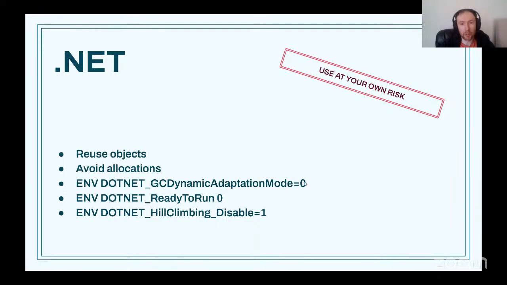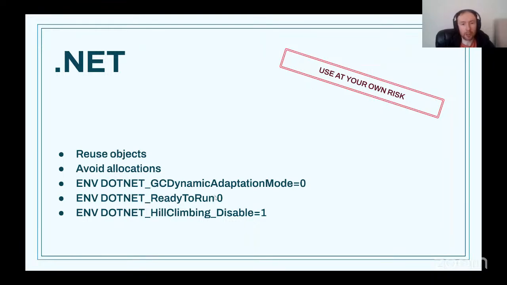And we don't want it in a benchmark because it makes your results worse. That's why we disable it. And probably in your production, you might want to keep it on. That's why I put a disclaimer here. Use those at your own risk and always test.